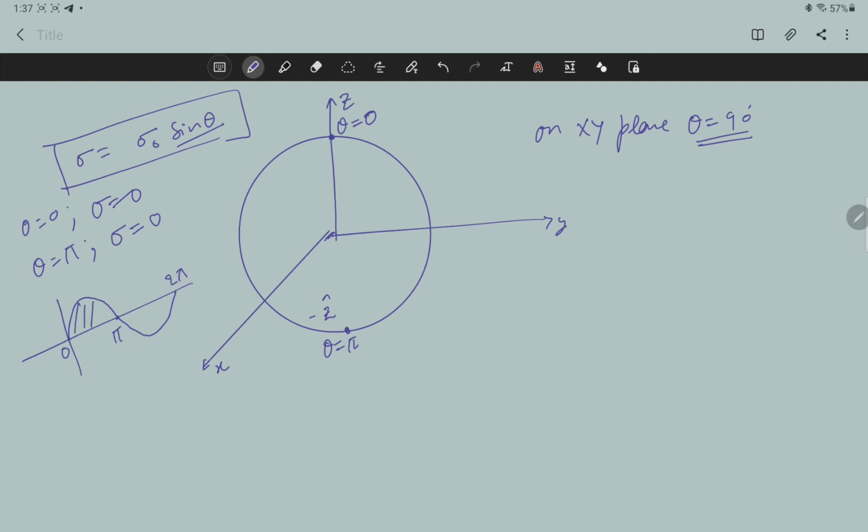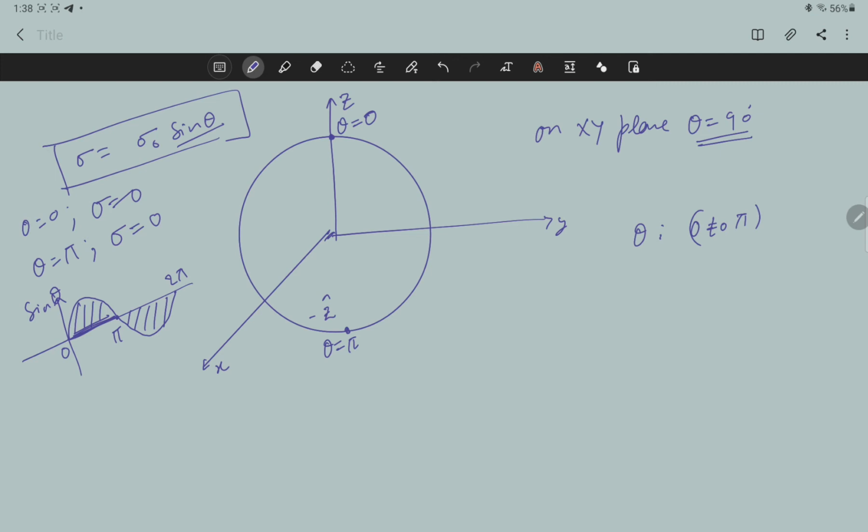The sine graph is positive from 0 to pi, and from pi to 2 pi it is negative. But here in polar coordinates, theta varies from 0 to pi. Hence the charge density over the sphere will be either positive or 0.